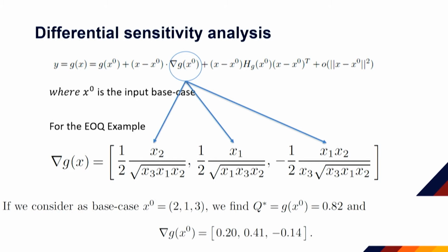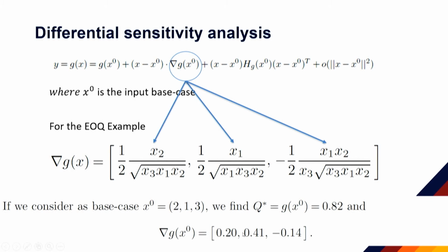So if I ask you what you make out of these numbers, the answer would be don't trust the magnitude. Okay? Trust the sign, because the sign says, all right, x3 has a negative effect on the EOQ, because x3 is the denominator, which is okay. So if it increases, the EOQ decreases. The other two have a positive effect.